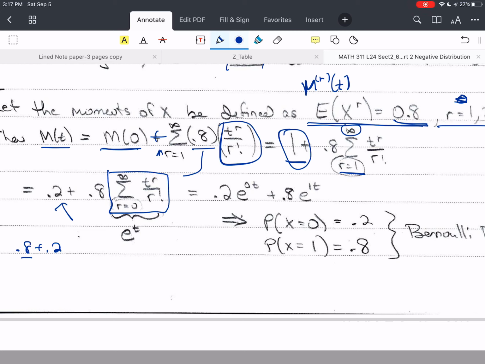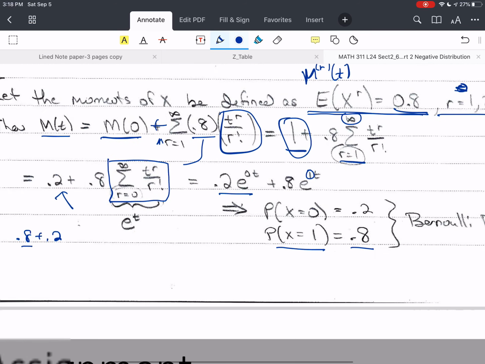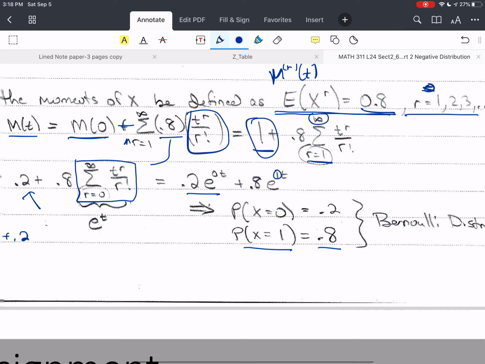And so we have P(x) equals 0. If you plug in, that's 0.2. Right? And when x is equal to 1, we have 0.8. And this is e to the t, which is the same thing as e to the 1t, isn't it? Okay? So this is a Bernoulli distribution. Sometimes having a little trouble with my iPad. All right. So that's a Bernoulli distribution.